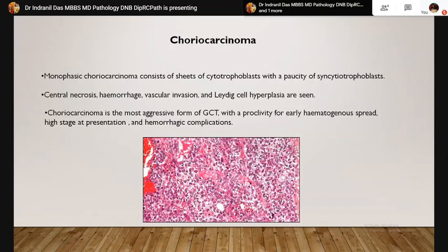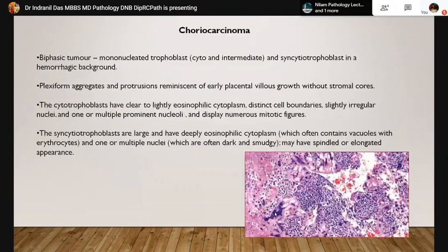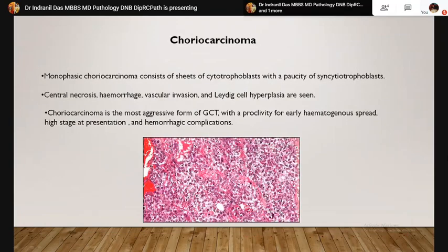The syncytial trophoblasts are large, deeply eosinophilic cells with multinucleation, and the nuclei are often smudgy and hyperchromatic. They may have a spindled or elongated appearance. The monophasic choriocarcinoma consists of sheets of cytotrophoblast with a paucity of syncytial trophoblast. There may be central necrosis, hemorrhage, vascular invasion, and Leydig cell hyperplasia.